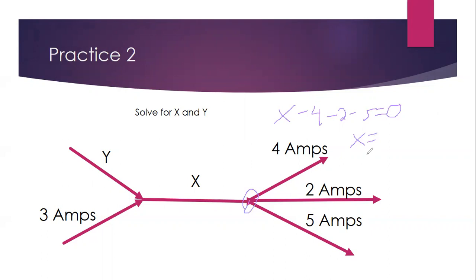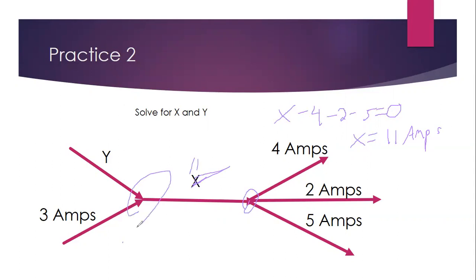All right, so the X had the current going in and the 4, 2, and 5 going out. If we solve for X, if we bring the 4, 2, and 5 to the other side, we find out X is 11 amps. Now we can say X is not X, we can write it as 11. And now we can say the same thing.